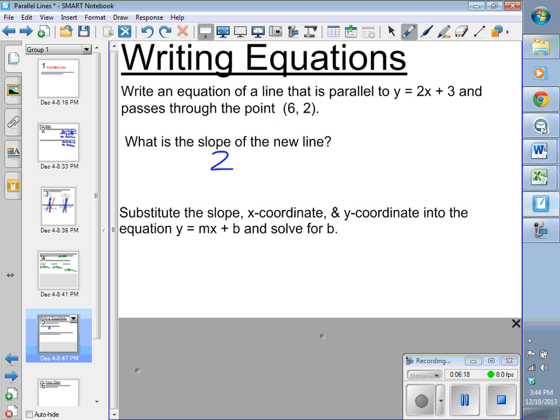So next we're going to substitute our slope, our x-coordinate, and the y-coordinate into the equation y equals mx plus b to solve for our new b.